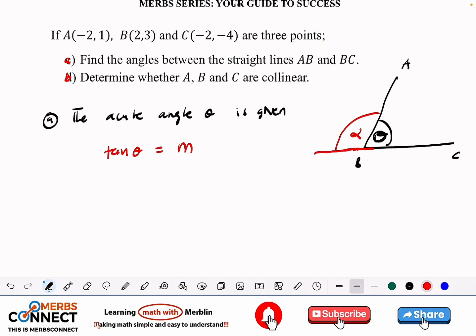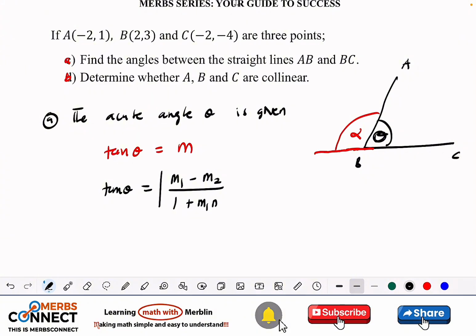So what will be the tan property that we are going to use? This is going to be tan theta equals the absolute value of m1 minus m2 divided by 1 plus m1 m2. This is what we are going to use to work out our formula. I think I didn't give you this formula earlier.